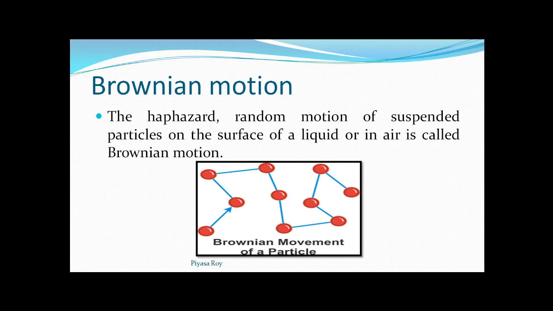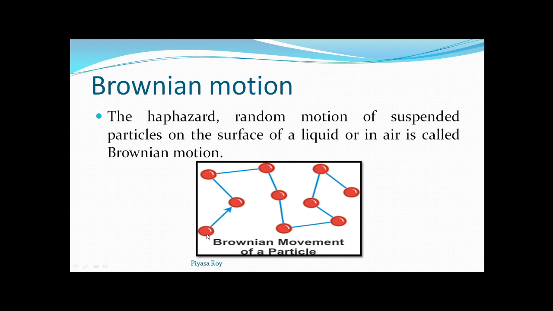So what is Brownian motion? The haphazard random motion of suspended particles on the surface of a liquid or in air is called Brownian motion. So there will be a haphazard motion between the particles. This motion is also called zigzag motion.